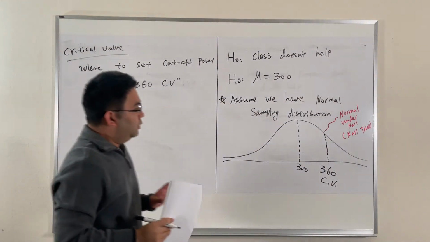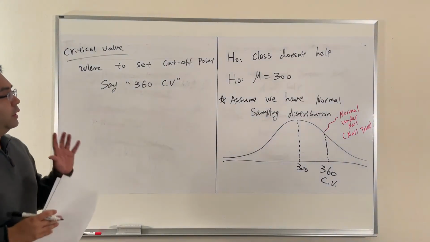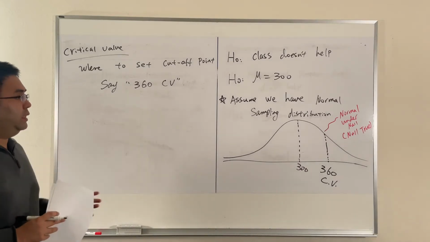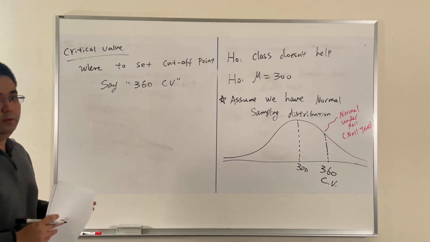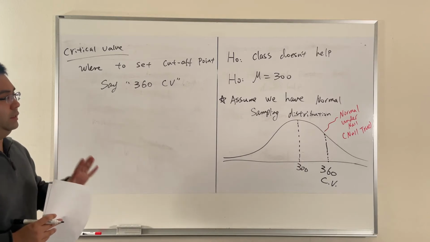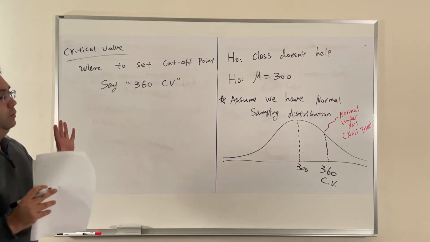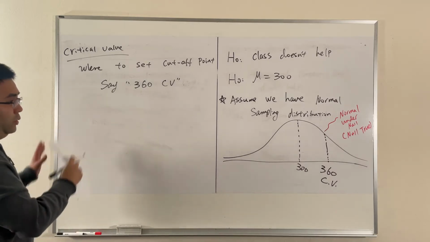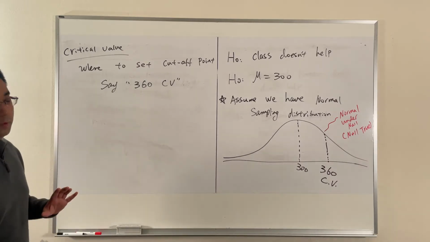Okay, so remember that what it means for mice class to be helpful is your reading speed increased, right? So if your reading speed stays the same or even slower, then this class is not helpful.